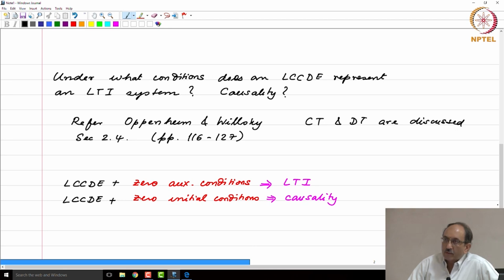That is the point that is made here. Merely the input output relationship being represented by an LCCDE does not guarantee an LTI system. LCCDE plus 0 auxiliary conditions is when you have LTI, plus 0 initial conditions is when you have causality. Does that answer that question?